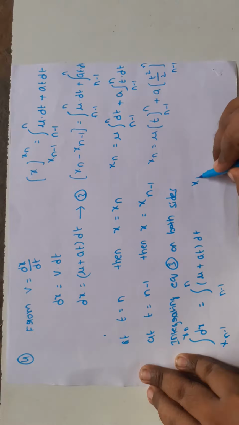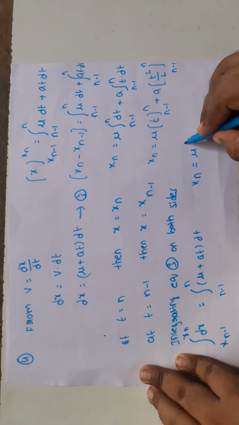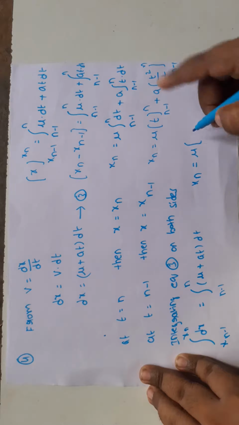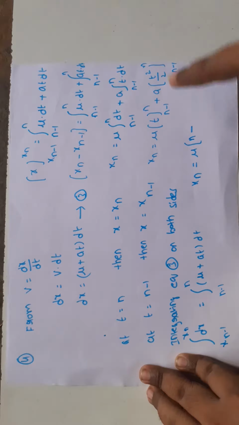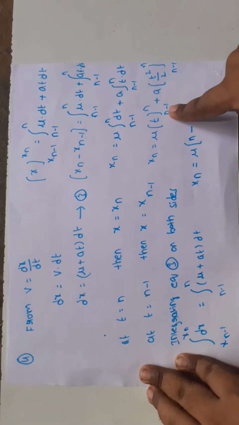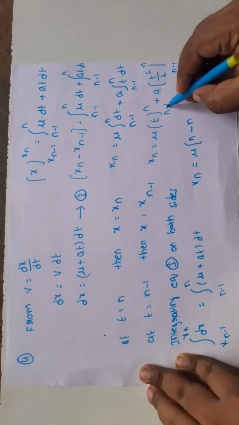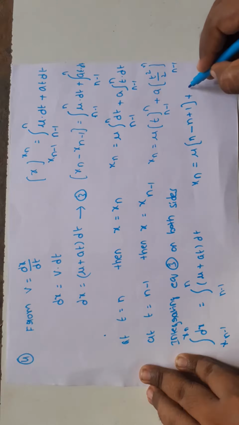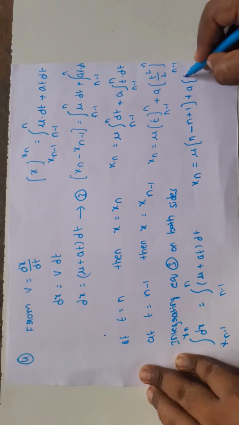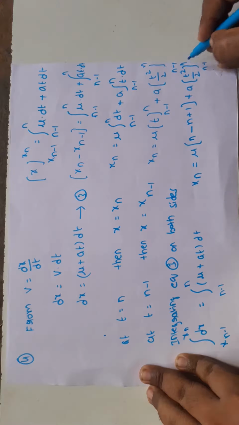Substituting the upper limit minus the lower limit, in case of t, the upper limit n minus the lower limit n minus 1, that is n minus n, minus of minus plus 1, then a into t square by 2 from n minus 1 to n.